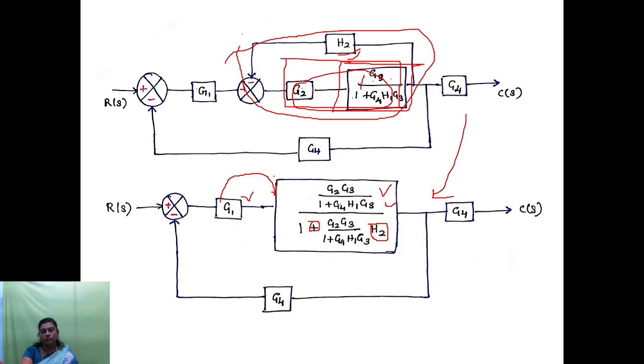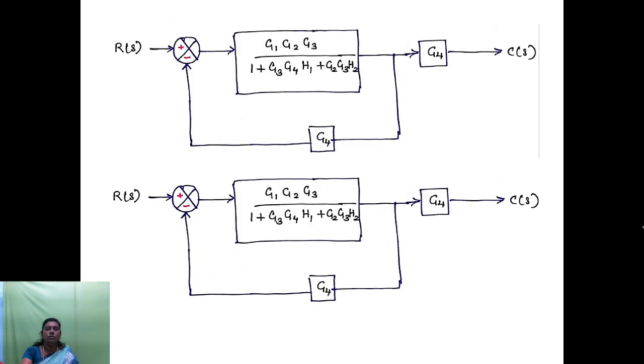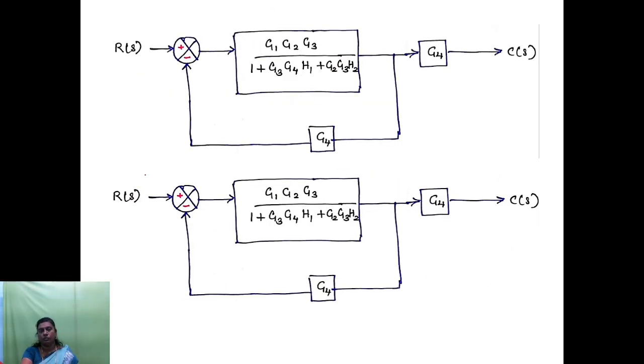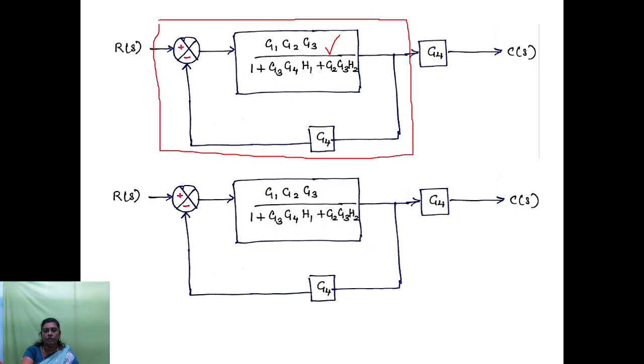So we can reduce these two into a single block. So you will be getting the block like this, and I have taken LCM so that it will become a single function like this. Now obviously from this diagram you can see that this again forms a negative feedback path.